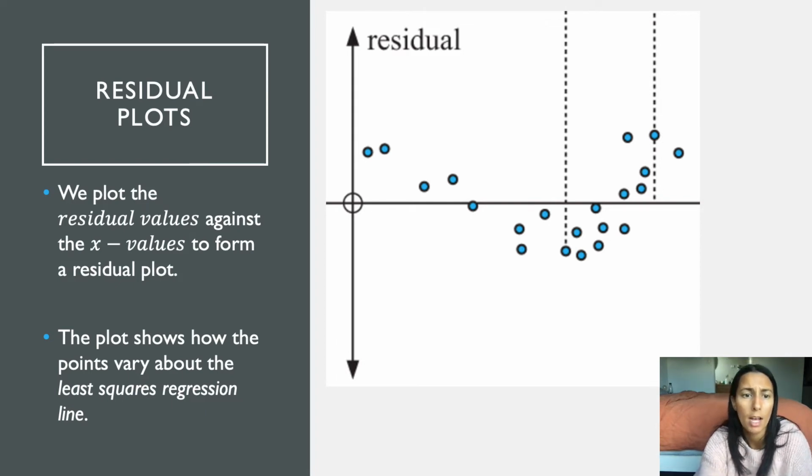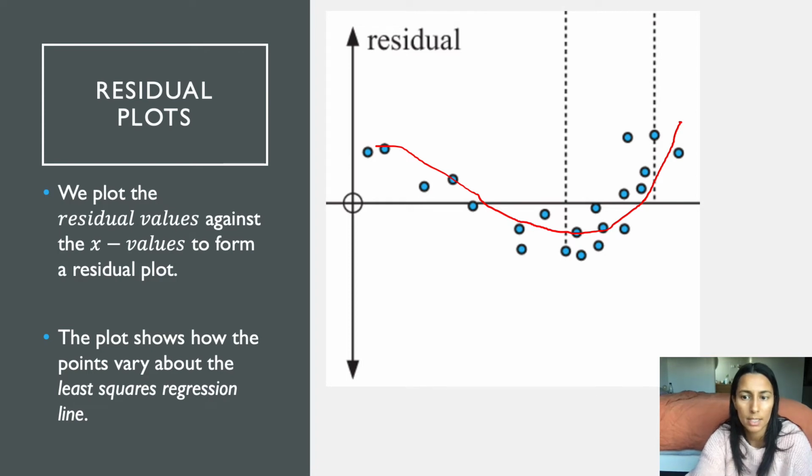So you'll get a graph that will look something like this. And I can see here that in this data set, there is quite a clear pattern. You can see that it sort of makes a U shape. So this would be indicating to me that this data set is nonlinear, because I can see a clear pattern there. It's not evenly distributed all over the place.